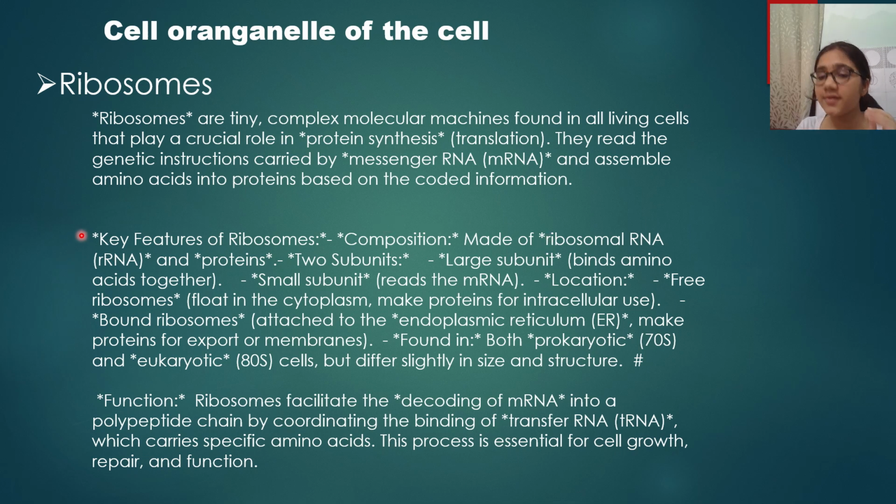If we see the key features, the composition: they are made up of ribosomal RNA and proteins. They also have two subunits, large and small. The large subunit binds amino acids together, and the small subunit reads the mRNA.